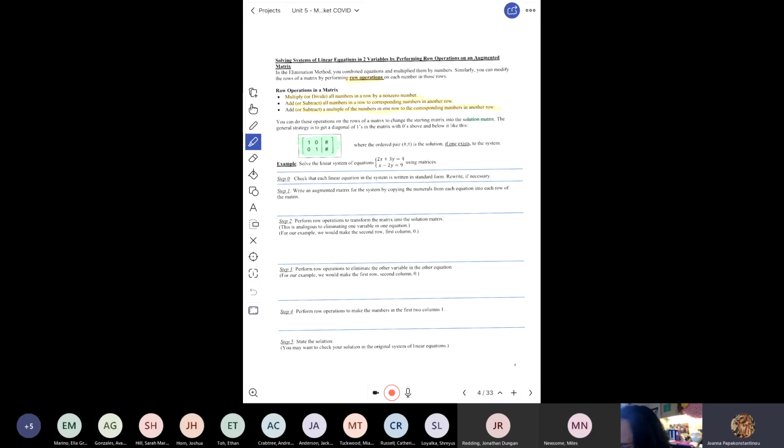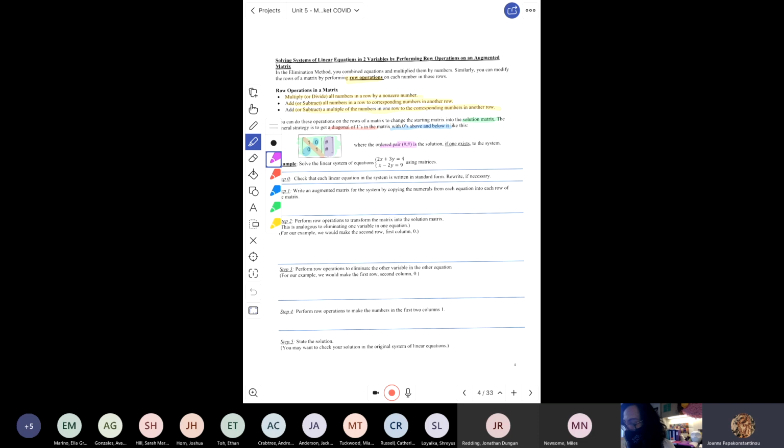The solution matrix, notice, has ones on the main diagonal, and it has zeros above and below it. And then what happens is the right-hand side represents your solution, if it exists. Okay?